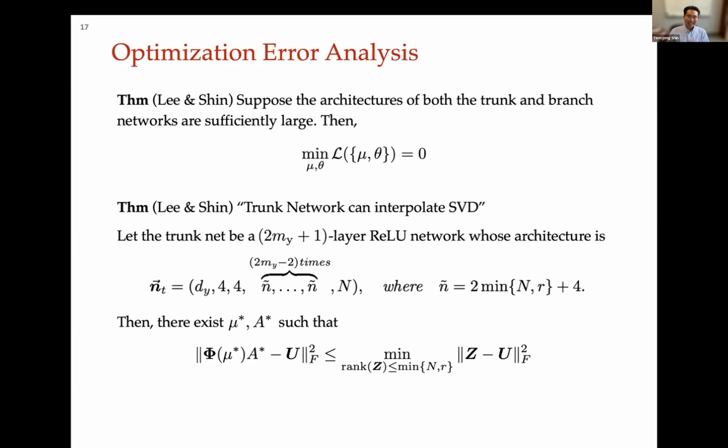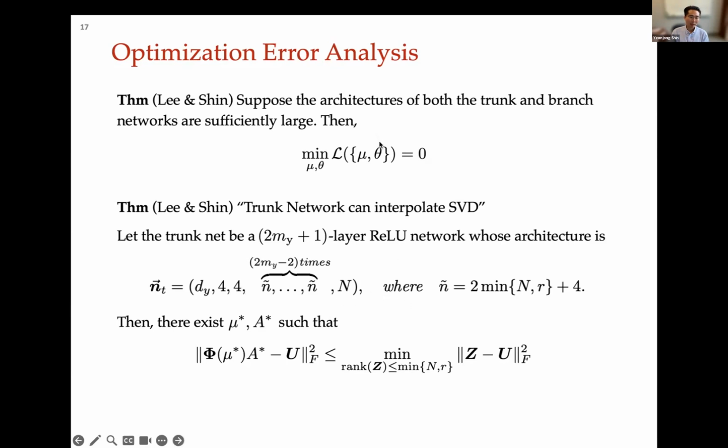We can explicitly construct a deep neural network for the trunk net satisfying a certain condition, which tells you that the trunk network is capable of learning the SVD part of the data matrix U. What is a little surprising is that with this quite specific architecture, there is some dimension reduction you can achieve, and then you can do as well as what SVD can do.